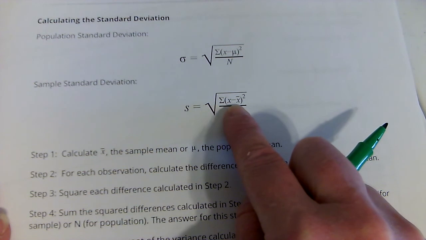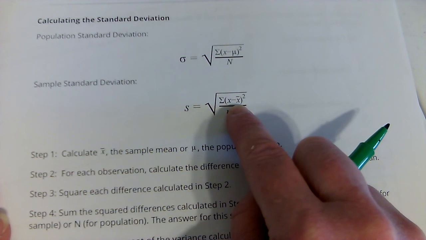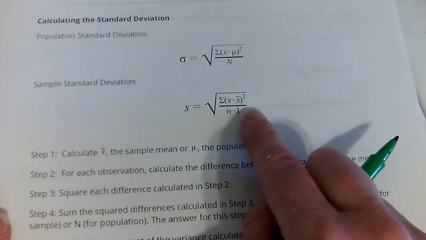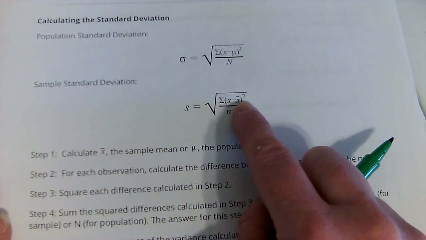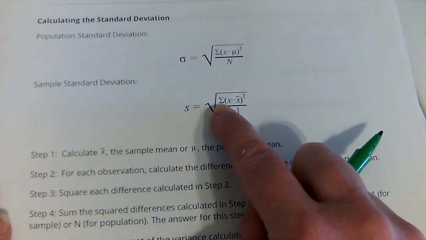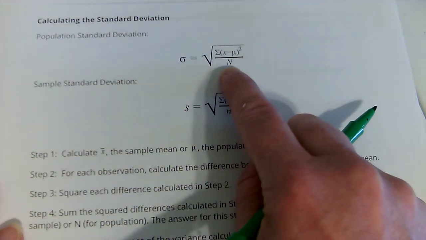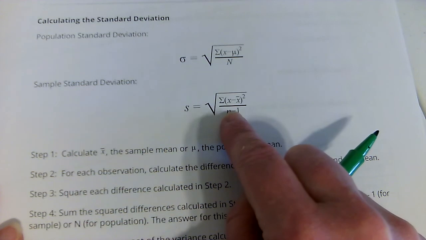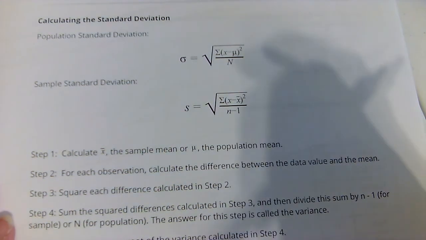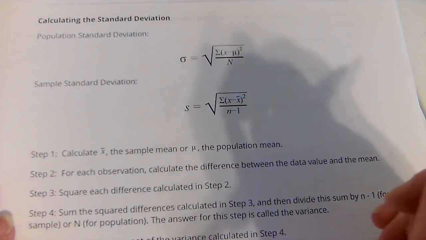So this shows me finding the difference: the data value minus that average, the mean. You would then square each of those differences. This weird symbol here means to sum them up. Add them all up. And then divide that. If you're doing the population, you would divide by the number of the values in the population. If you're doing it for the sample, it's the number in the sample minus 1. And then we take the square root of it.